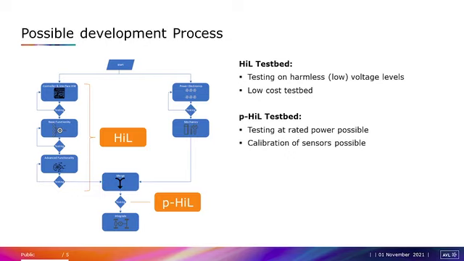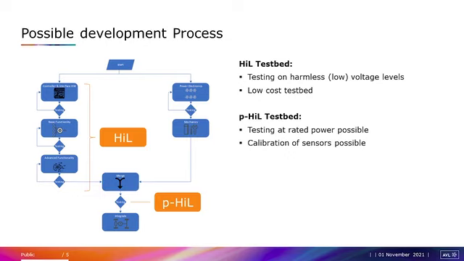So what we suggest is a combination of a HIL testbed and a Power HIL testbed, where on the HIL testbed we more or less test on low and harmless voltage levels, and we have a very low cost testbed that doesn't require a lot of time to set up, and it's very good to just try out some things, because if we mess up, there's not much going on there, so we won't break anything.